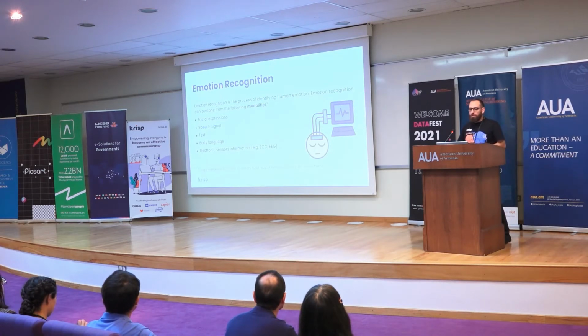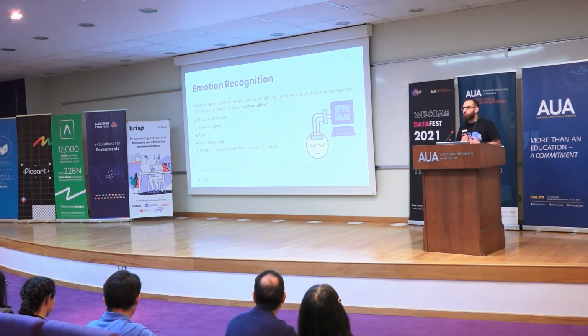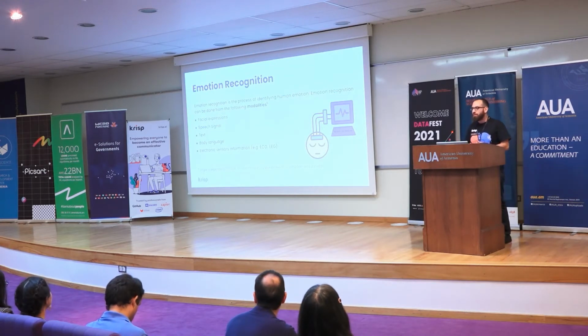Another means of expressing emotions is body language. You may see that I'm somewhat nervous from my body language now. And there are electronic sensors and information, that is, the physiological changes that happen to humans when they express emotions.